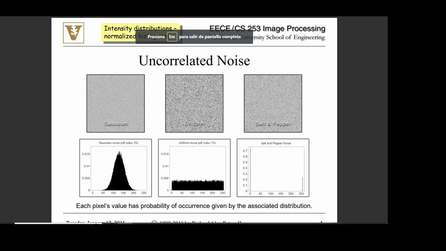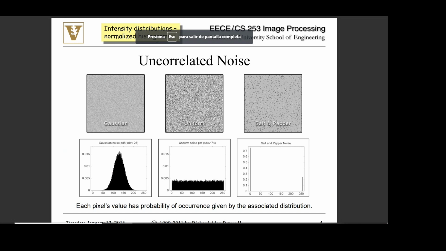And here are some representations of these ideas I've been talking about. Let's say that here we have uncorrelated noise. The noise here is also independent, so every point has a value that is independent of all the other values in the image. That value can be Gaussian distributed, it can be uniformly distributed, or it can be salt and pepper.